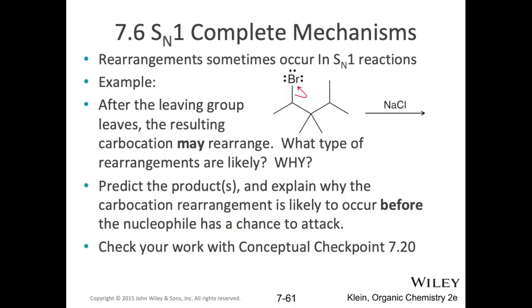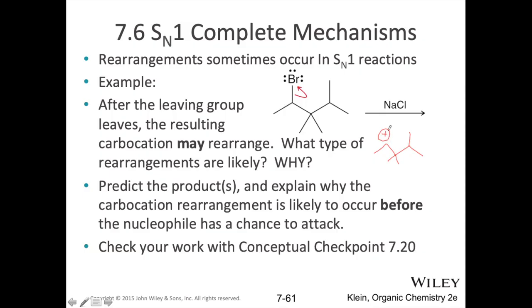Okay. So let's draw a picture of this carbocation that forms. Basically, when we have this leaving group leave, this is the resulting carbocation. Okay, now look at that carbocation. Is that primary, secondary, tertiary? Well, you've got one carbon over here, one carbon over here.